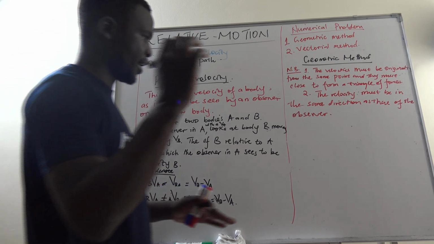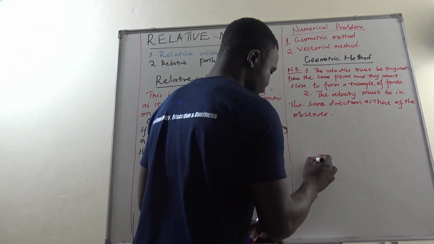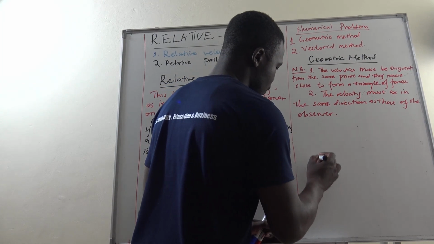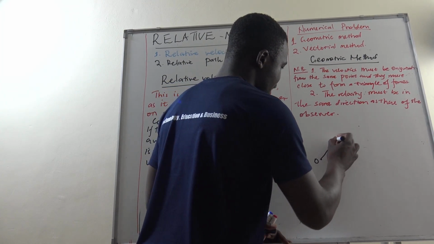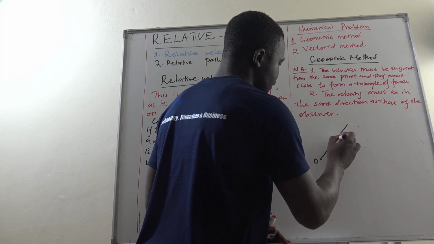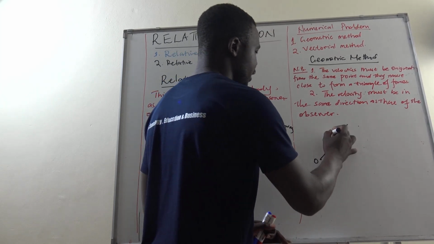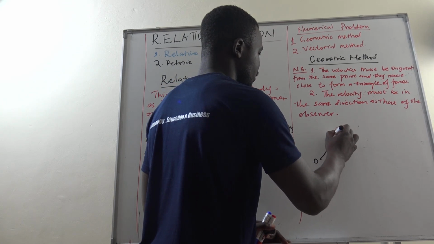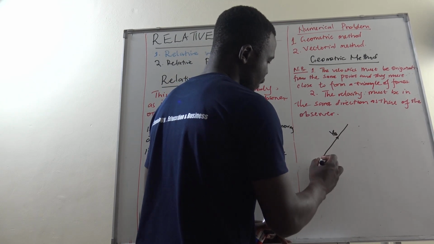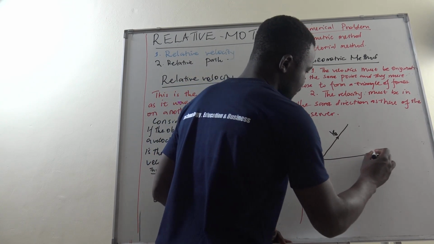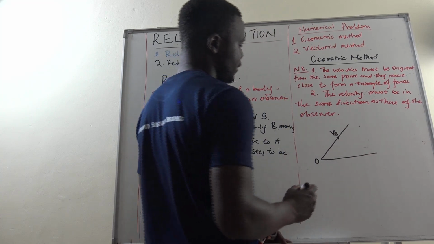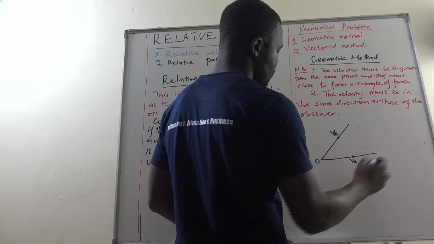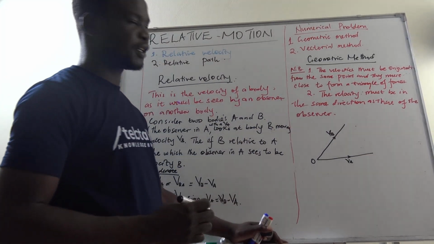geometric method. Now, let us look at the scenario here. If this is our observer and we have the velocity of maybe A, this is VA, okay, let's call it B, this is VB, and then we also have another velocity, VA here, moving in that direction.